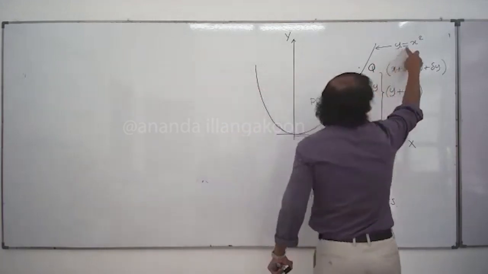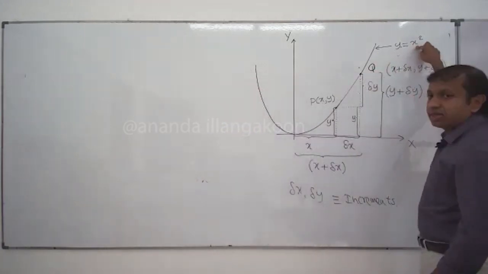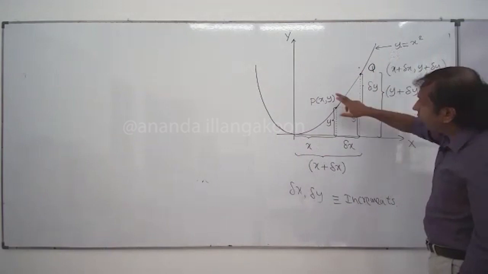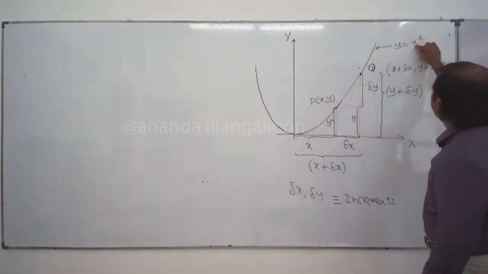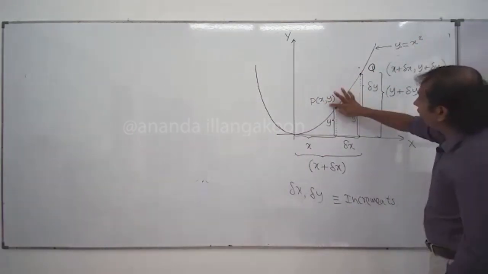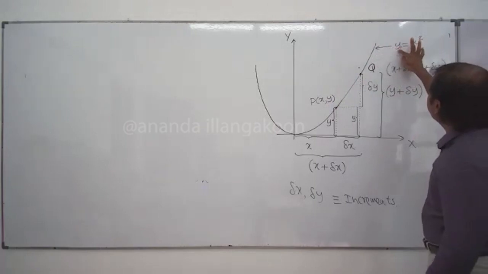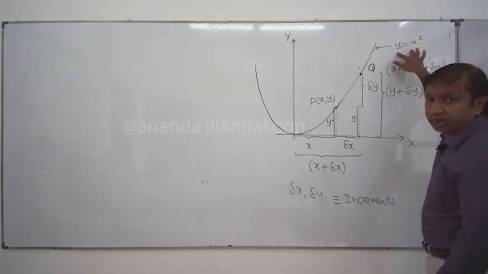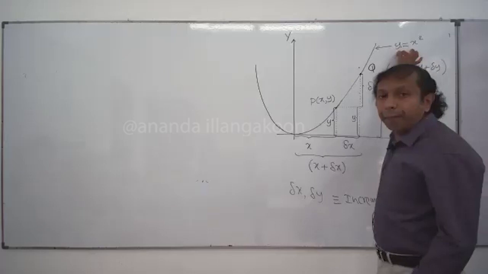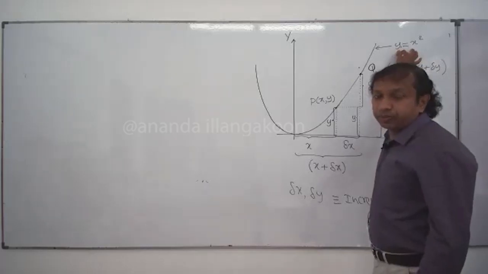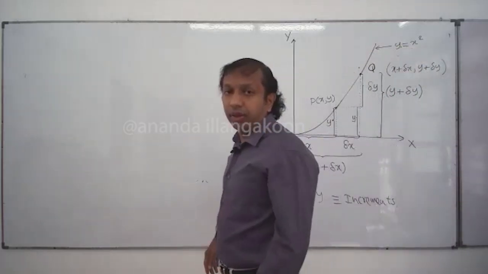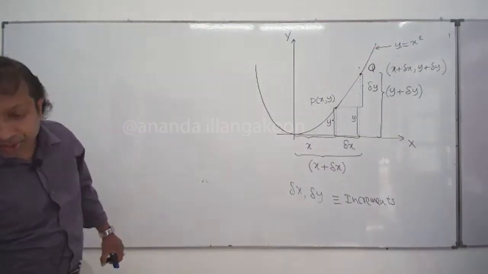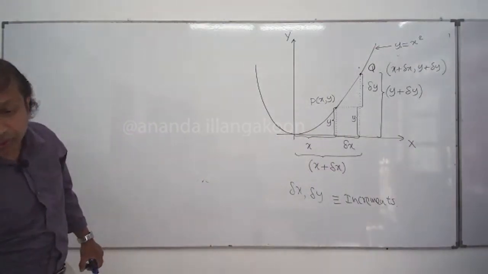Equation of the graph is y equals x squared. Satisfying the coordinates means that when you put this x value in place of x in the equation, and the y value in place of y, the left hand side and right hand side still remain equal. That is called the coordinates of the point satisfying the equation.